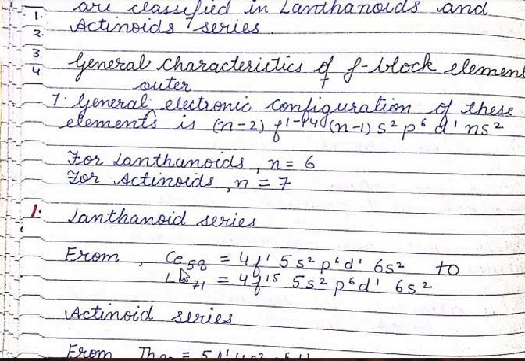Lanthanoid series is from Ce58 to Lu71. Cerium, Ce, has 4f1, 5s2 5p6 5d1, 6s2, and in the same way Lu71 has 4f14, 5s2 5p6 5d1, 6s2.